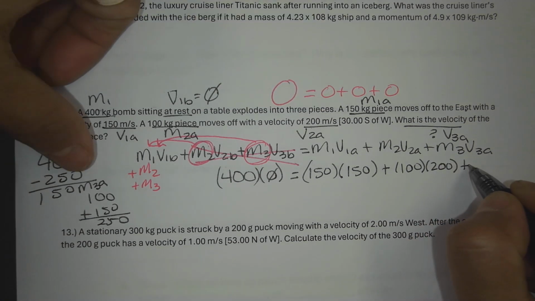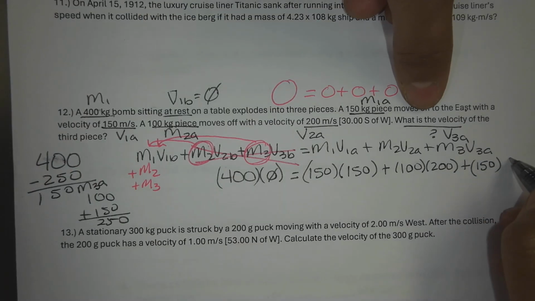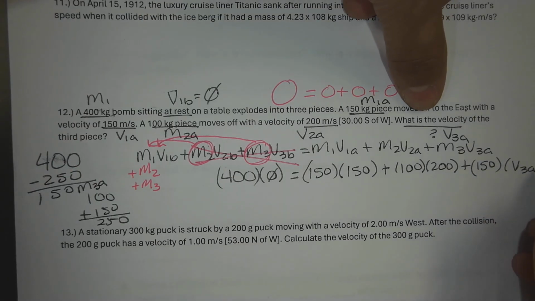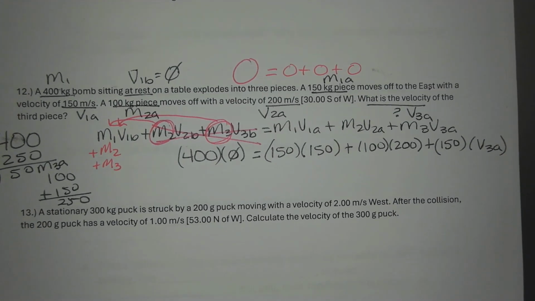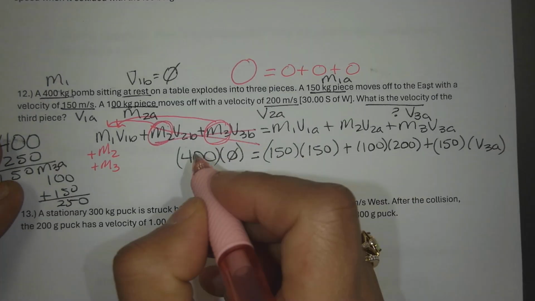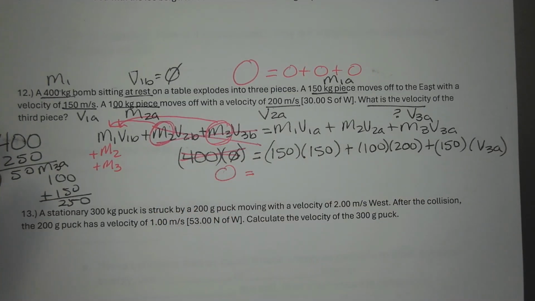And the mass of object 3, which we solved over here, of 150, I need to figure out the velocity of it afterwards. Hopefully this is where you're at, okay? I love zeros. When I get zeros, 0 times 0 is 0. So for this situation right here, 0 equals, well, okay, 150 times 150 equals, it's a big number, hopefully.